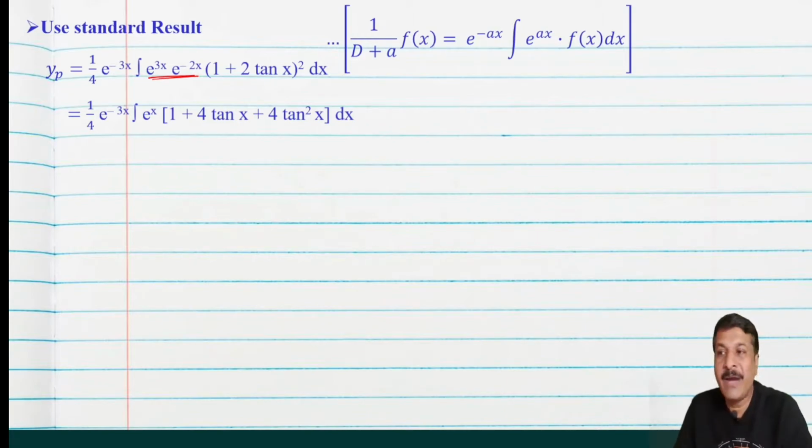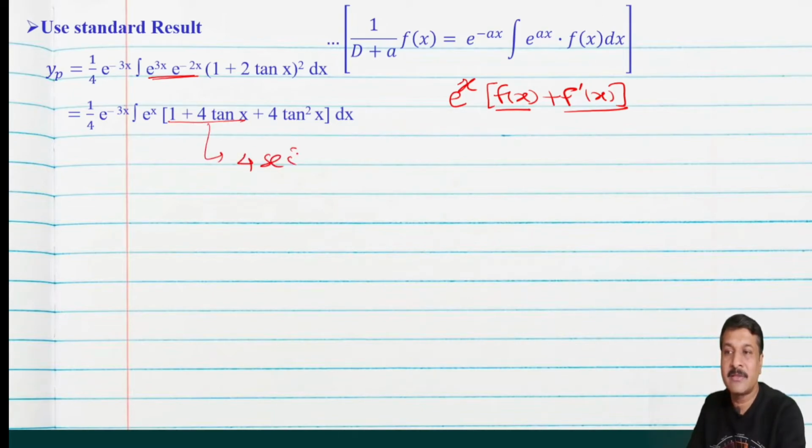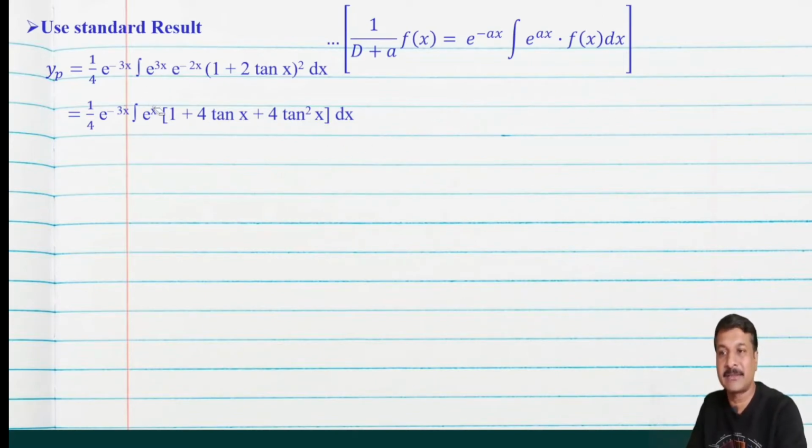Now how to evaluate this one? I will use this formula, e^x into [f(x) + f'(x)]. So I want the function and its derivative. If we consider this part, I am getting 4 sec² x, so convert tan² x into sec² x. As we know, 1 + tan² x equals sec² x, so I am using that formula.